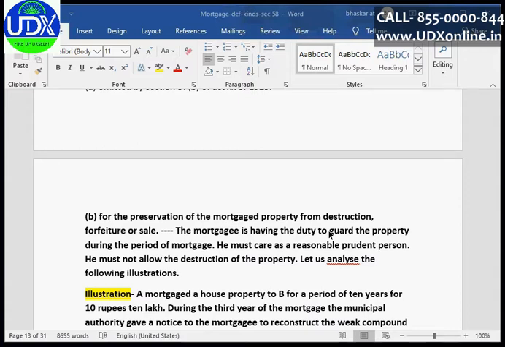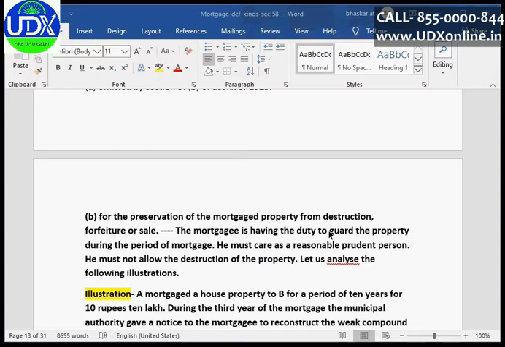When the property is in the possession of the mortgagee, he is having the duty to take care of that property, and while taking care of that property, he has the right to spend the necessary money in the process.